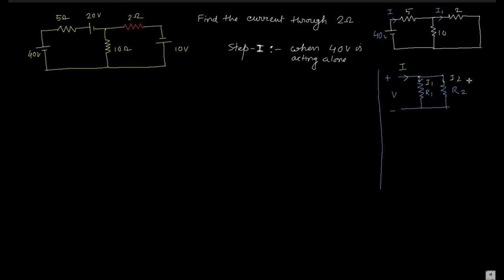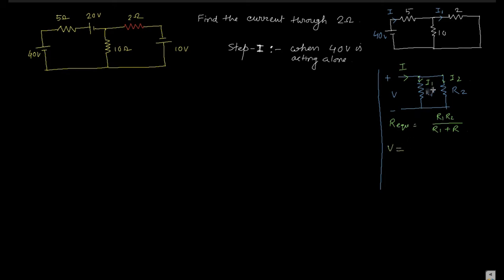So what is the value of I1 and I2? We can determine it by the current division rule. R1 and R2 are in parallel. So what is the equivalent? R equivalent is equal to R1 R2 by R1 plus R2. I think you already know the equivalent resistance of R1 and R2 when they are in parallel. So what is V?